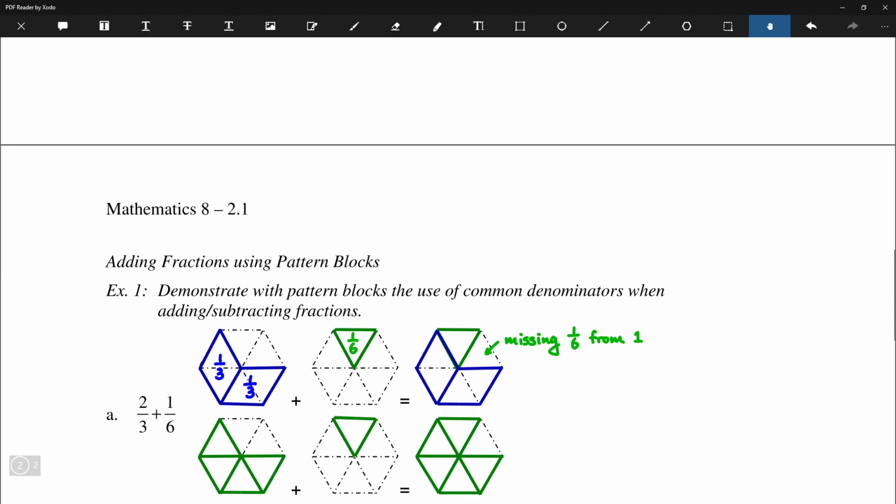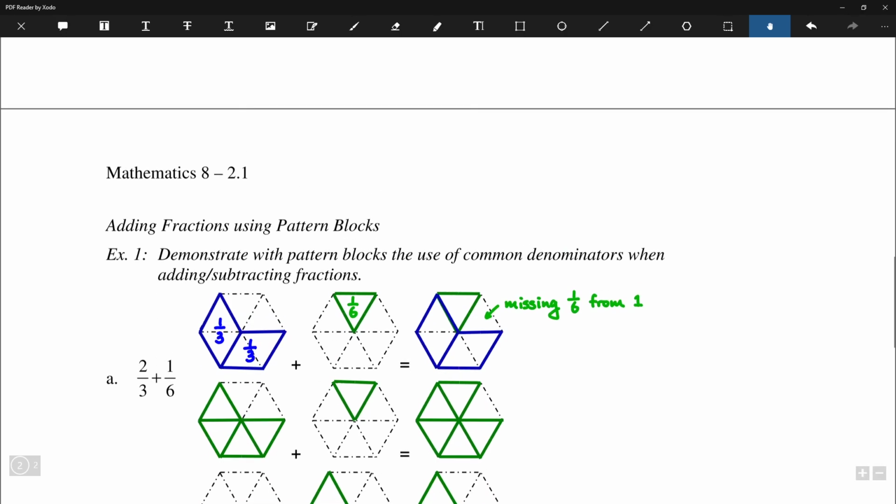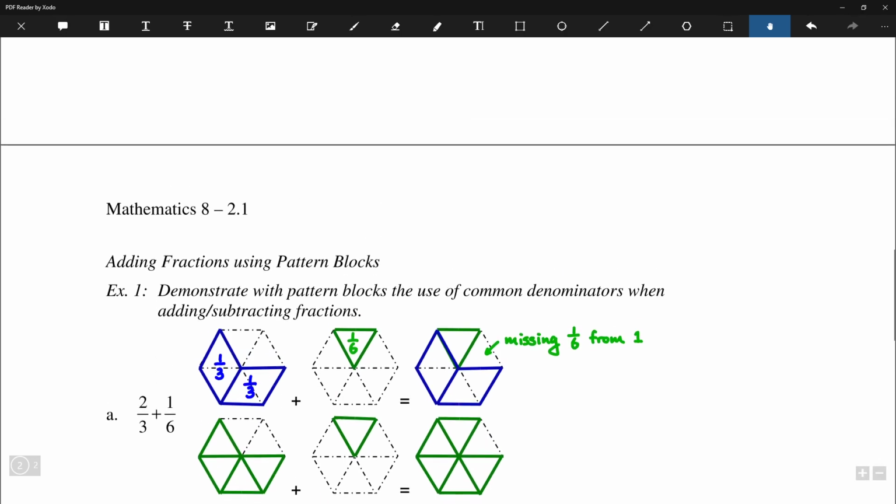Okay, but that's not necessarily a good way to write the answer. So instead, what we can do is rewrite the 1/3 as 2/6. So instead of using these parallelograms, we can use triangles.